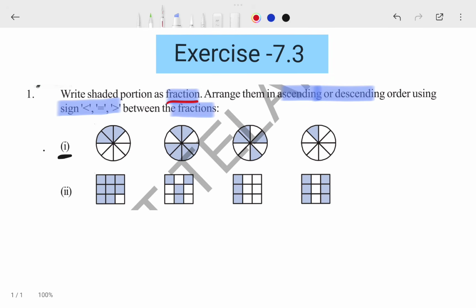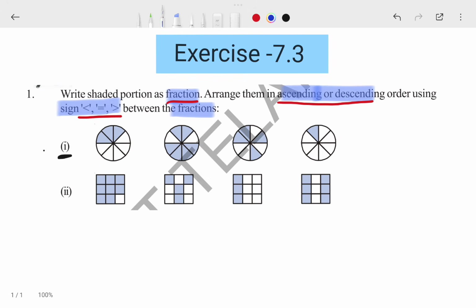After writing the fractions, we have to arrange them in ascending or descending order, and we must use these symbols between them. This is a very easy task.